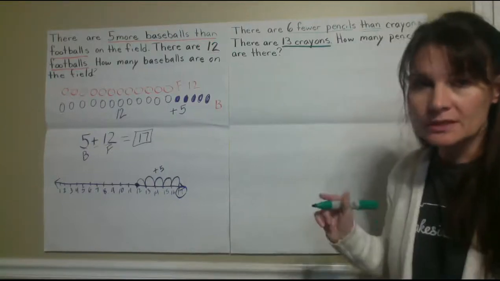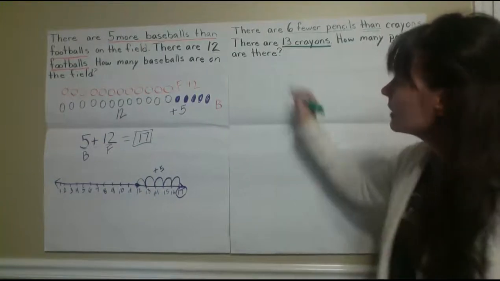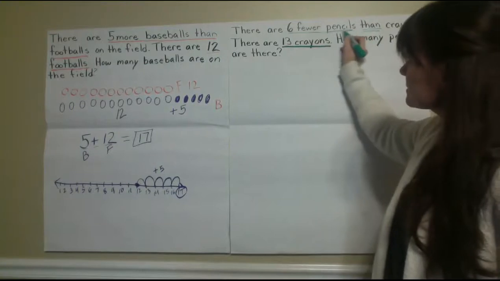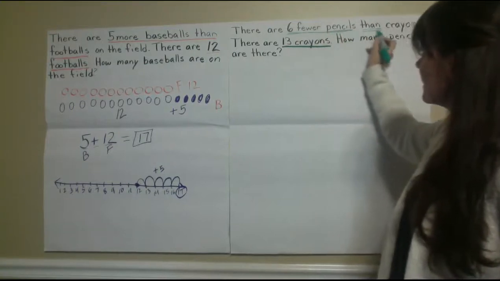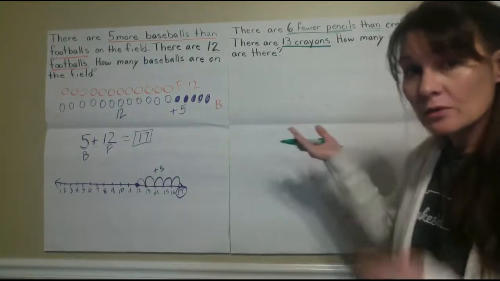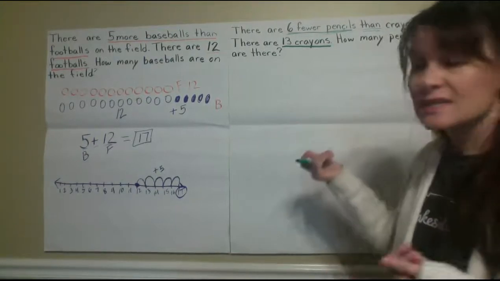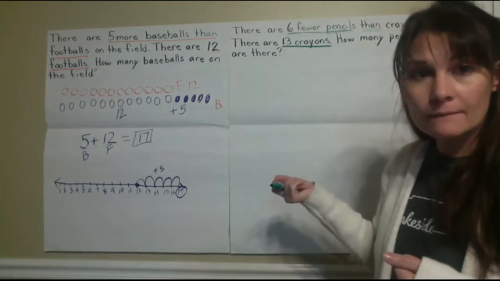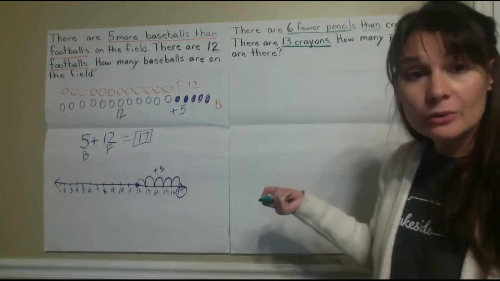Let's think through this before we start. There are 6 fewer pencils than crayons. So who's going to have more, the crayons or the pencils? Because it says there's 6 fewer pencils. So who has more? You're right, the crayons.